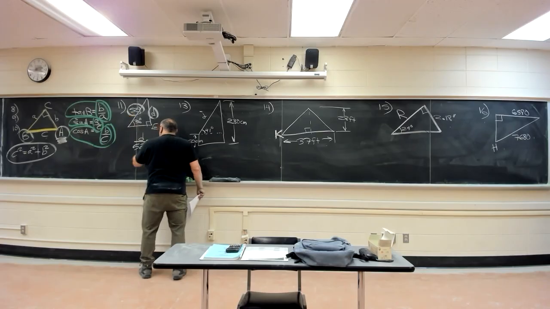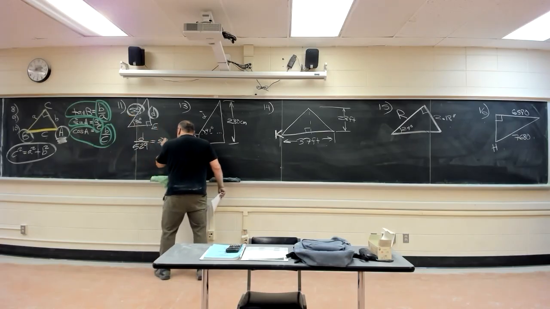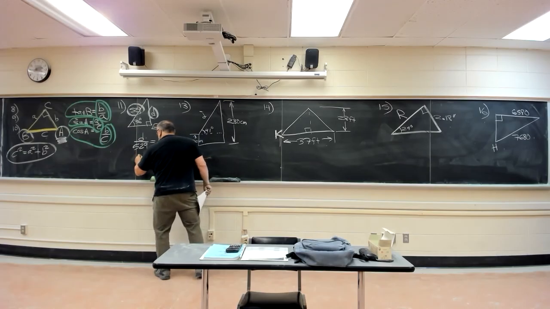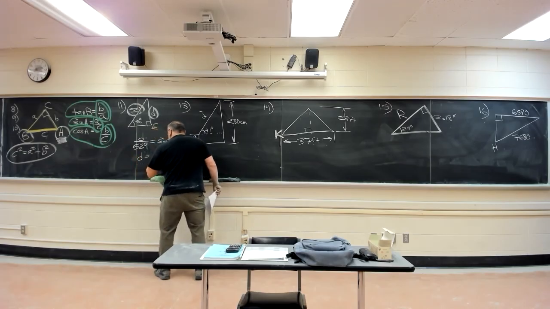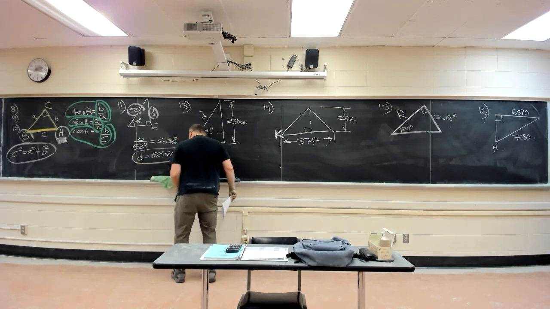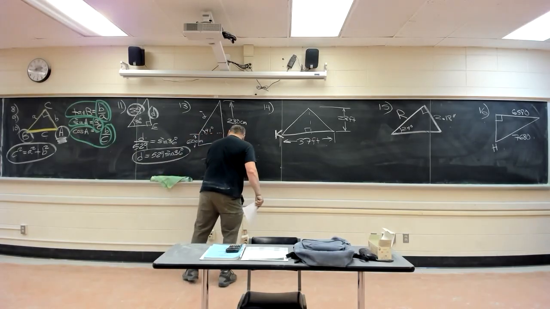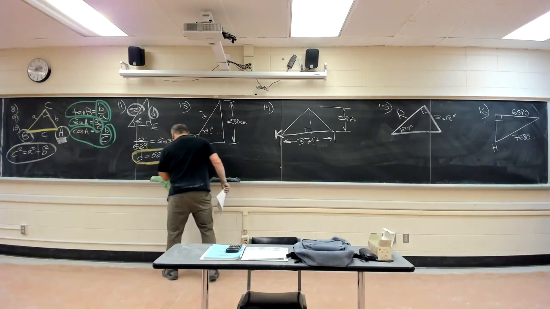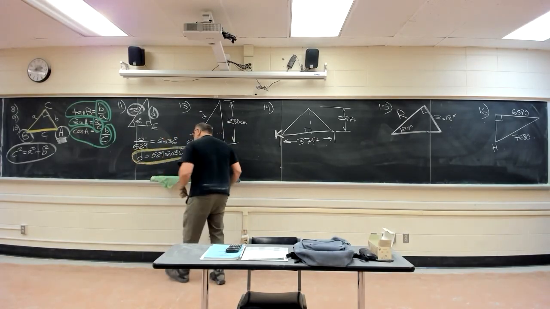Opposite over hypotenuse is the sine. To find D, multiply by 529 on each side. D equals 529 sine 36 degrees. Absolutely true.